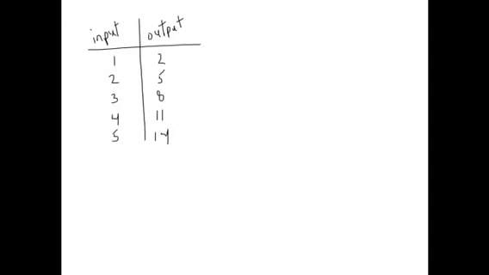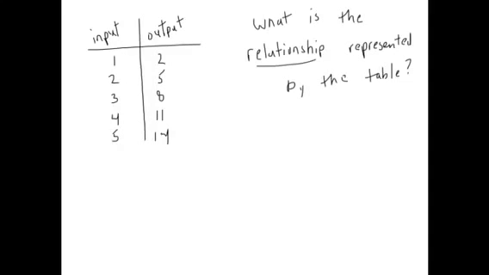Now you also might be presented with a table such as the one I've got here, and you might be asked to write the relation. What is the relationship represented by the table? So essentially what they're asking is, how do you get from the input to the output? Well, we can let any input number be represented by the letter n. So let's put n down here.